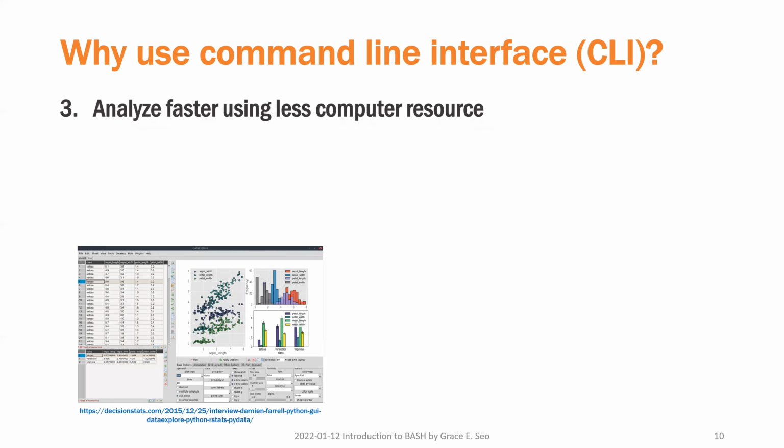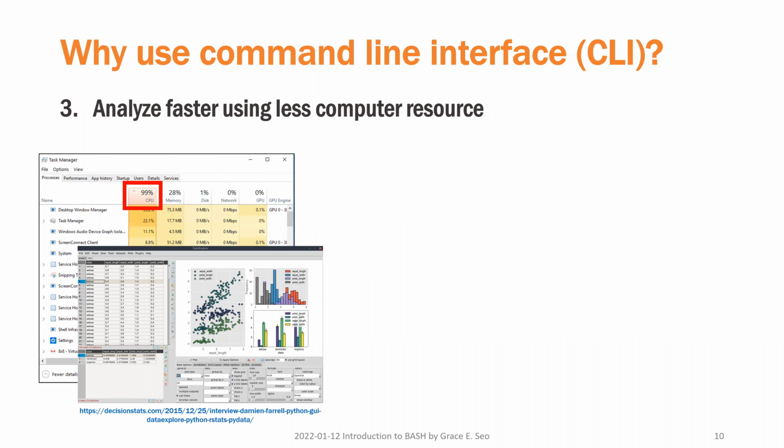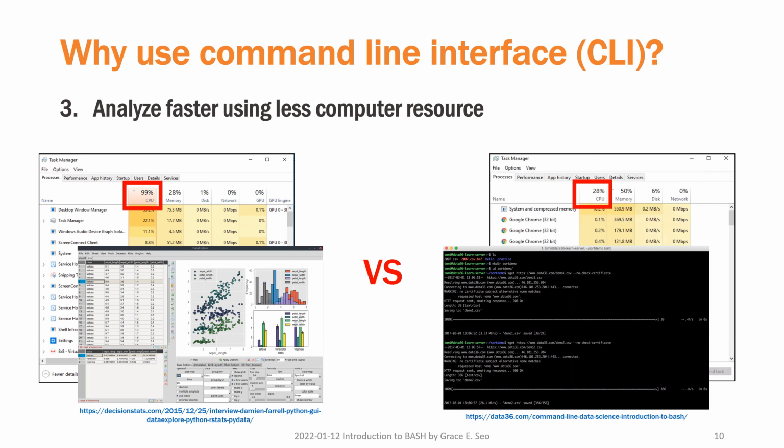A GUI is designed to make it easier to use, so it's often colorful and interactive, but because of that, it uses up a lot of computer resource. For example, on a regular desktop, analyzing approximately 100,000 data points on a GUI will likely freeze your computer, but that very same analysis on the command line might take only a few minutes.